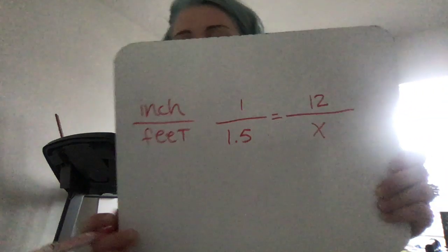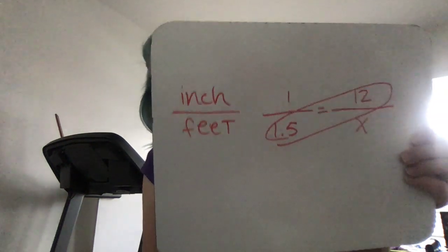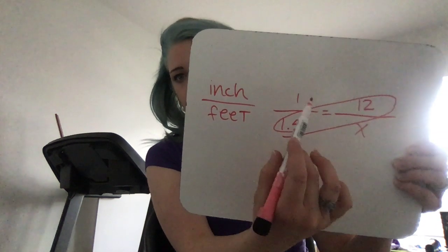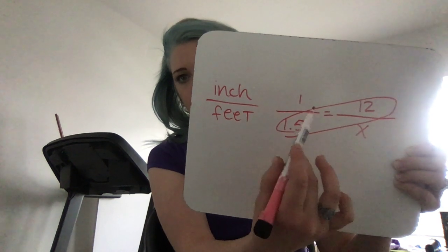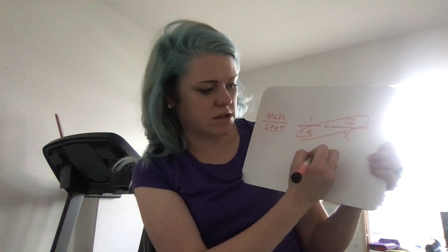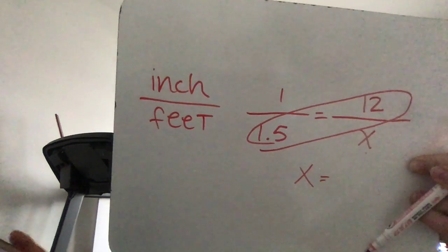Okay, great. So now to solve this, cross multiply. So 1.5 times 12, and then 1 times x. Since it's 1 times x, it's 1x, which is x, and so once you cross multiply these two numbers, you're going to get your answer.